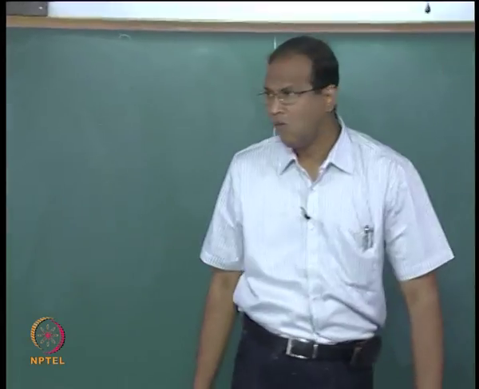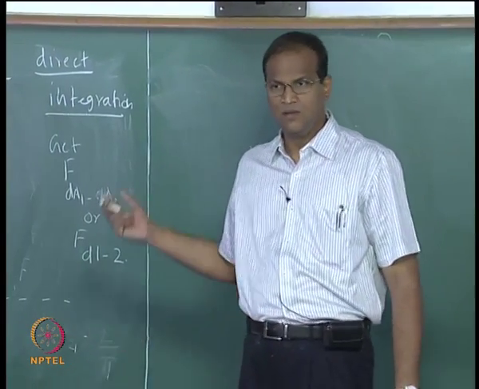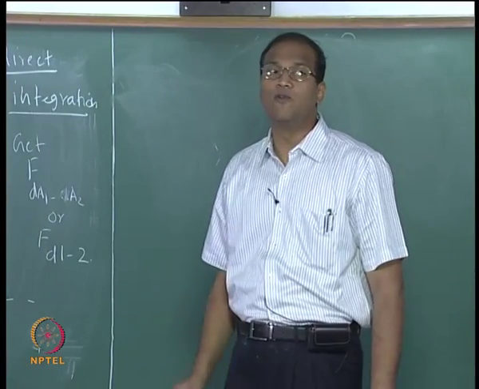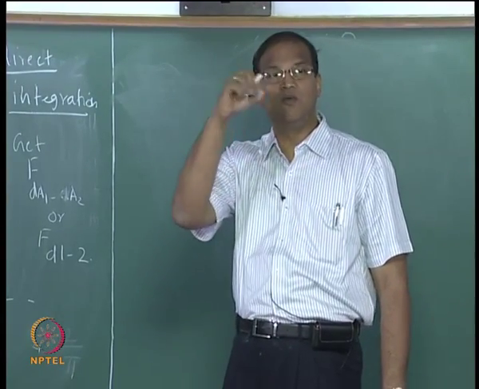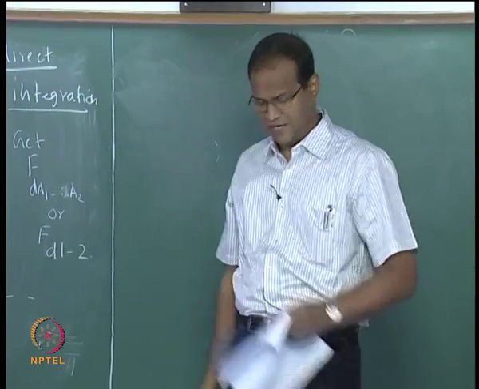You do not have to worry about what dA1 area is, because it is a differential area. A2 I have given. What is the formula for view factor from an infinitesimally small area to a finite area?